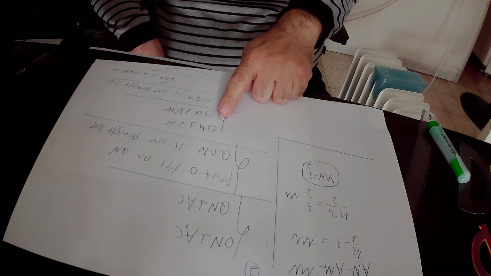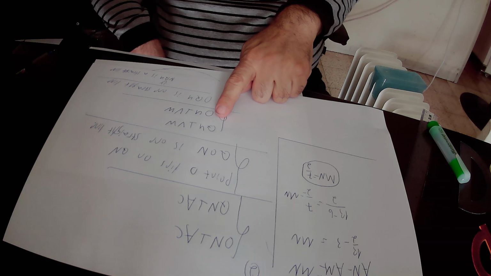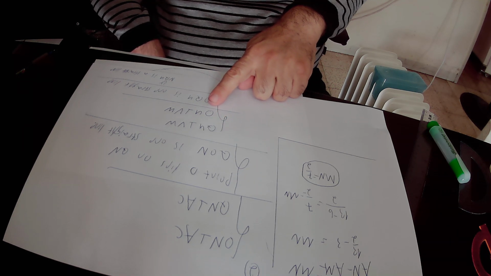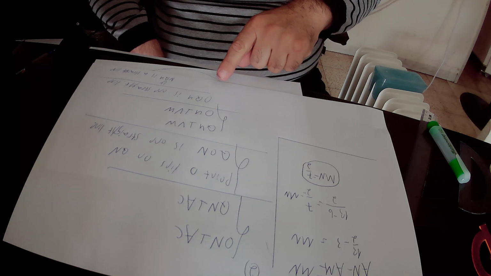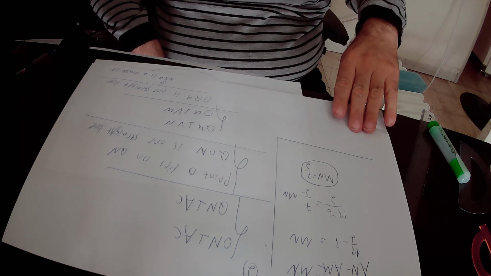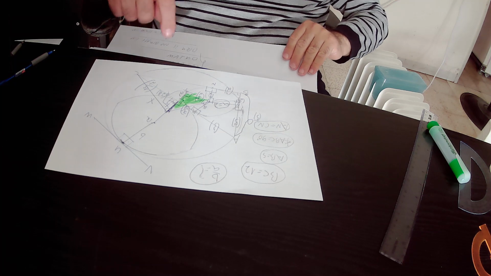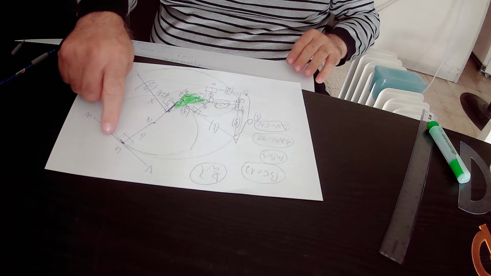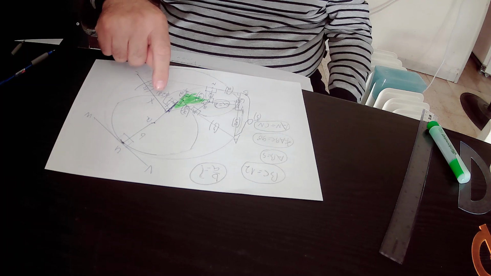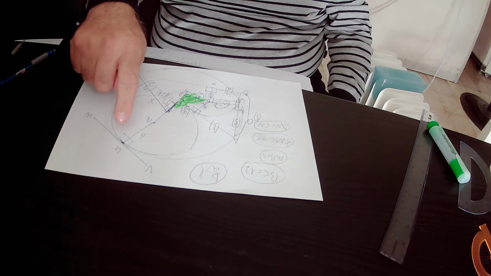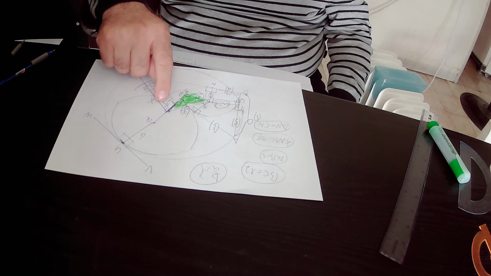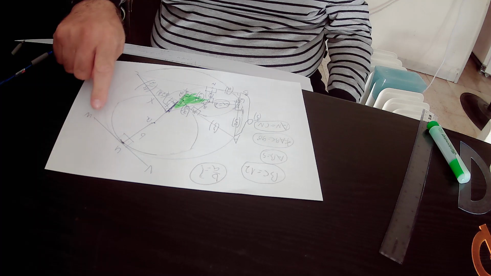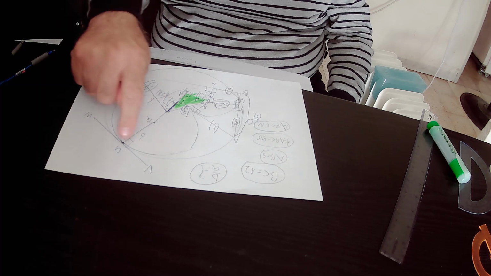And from those two equations, QU perpendicular to VW and OU also perpendicular to VW, we derive that OQU is one straight line. Otherwise, if OQU is not one straight line, then either OU will not be perpendicular to VW or QU will not be perpendicular to VW.